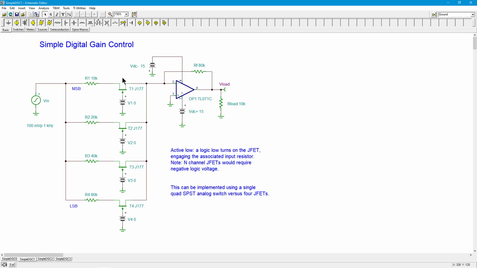The higher it is, the less ideal the circuit is. The more resistance you have in here, the more it unbalances what the gain is going to be. That's going to create gain error in each one of these input channels, all right? It's also going to exacerbate some other issues.